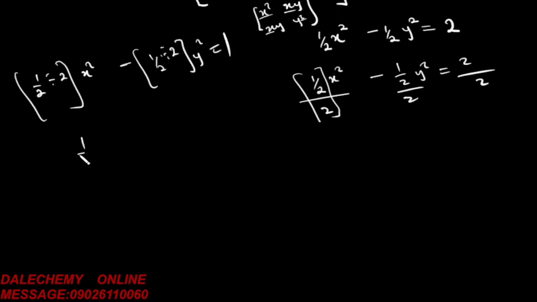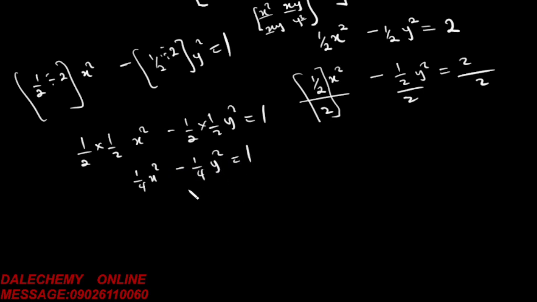So all we have here will be 1 over 2 times 1 over 2 x squared, minus 1 over 2 times 1 over 2 y squared, equal to 1. So we have 1 over 4 x squared minus 1 over 4 y squared equal to 1. So we have x squared over 4 minus y squared over 4 equal to 1. So this is the central conic you are asked to find.